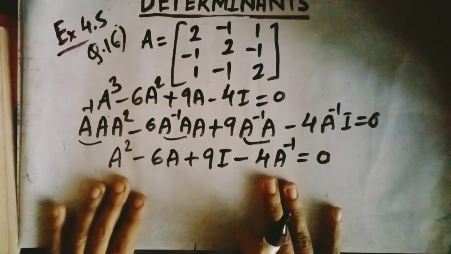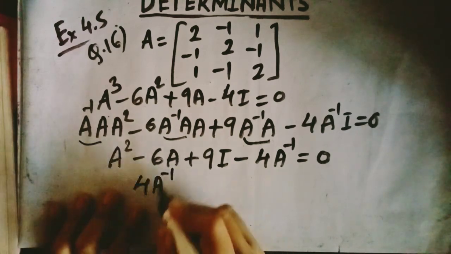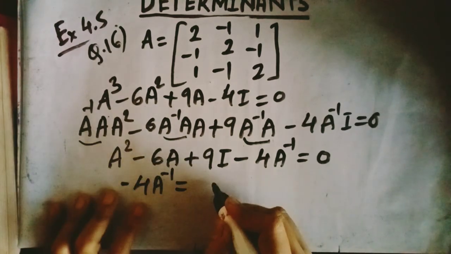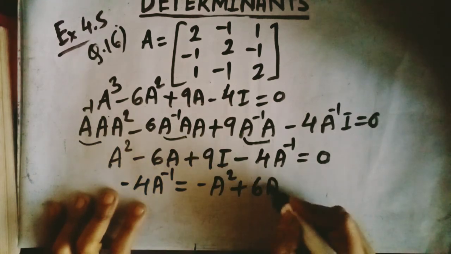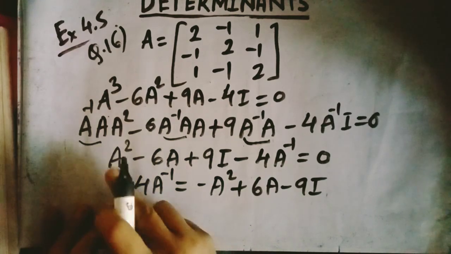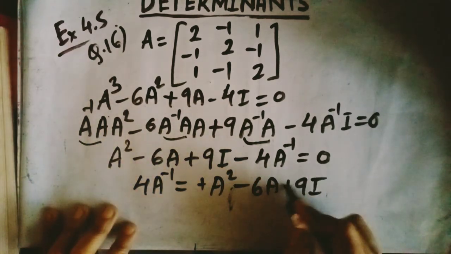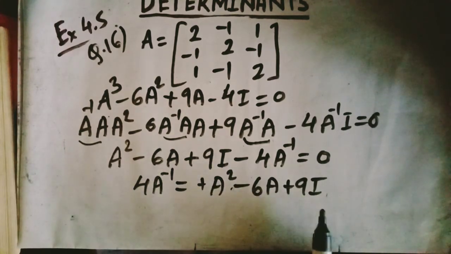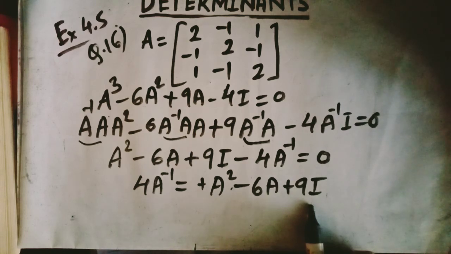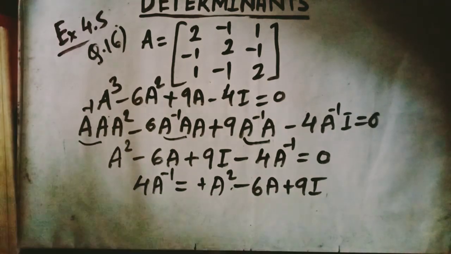So 4A inverse you keep this side and all the other things go that side, so minus, plus, minus, plus. Now you have to substitute the values of A square, A, and the identity matrix, which is 3 by 3. So this you can do.